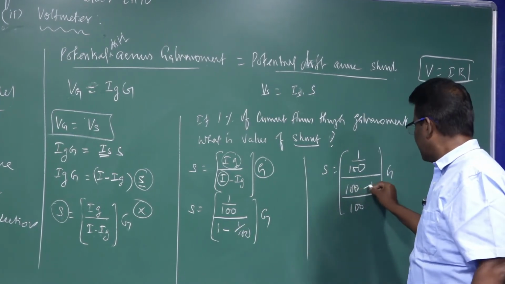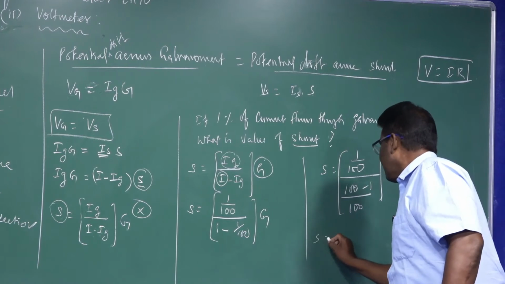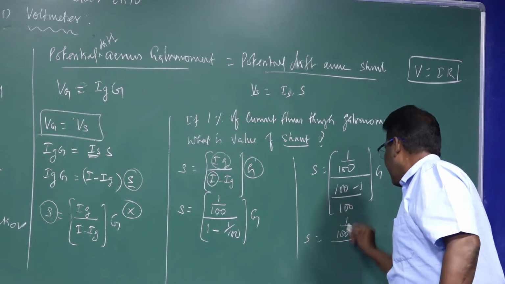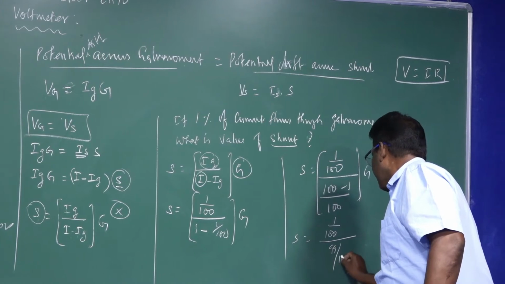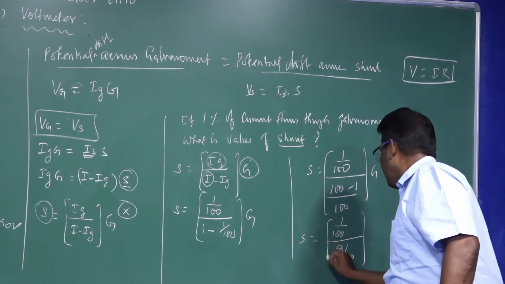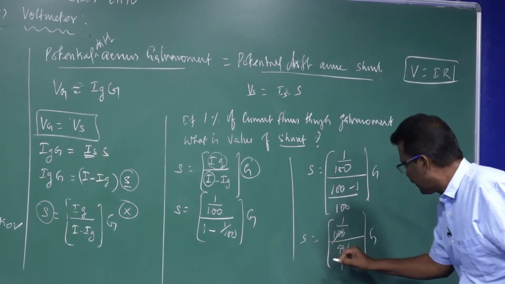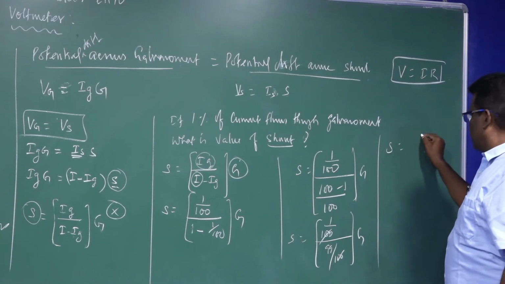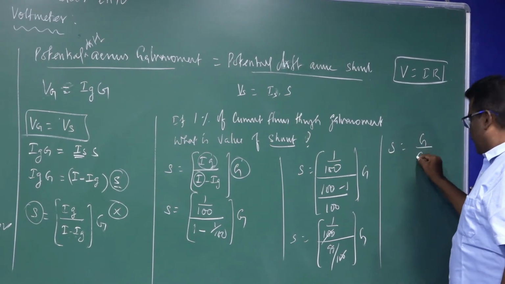100 minus 1, 99. So S is equal to 1 by 100 divided by 99 by 100, into G. 100 cancels. So S value is G divided by 99.